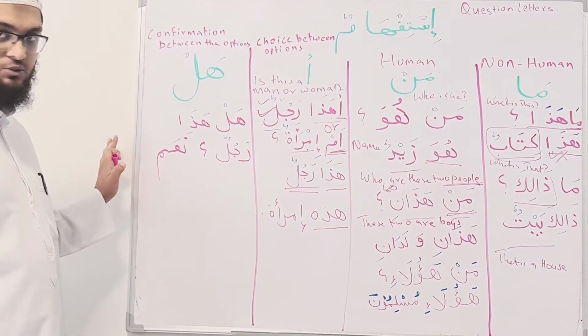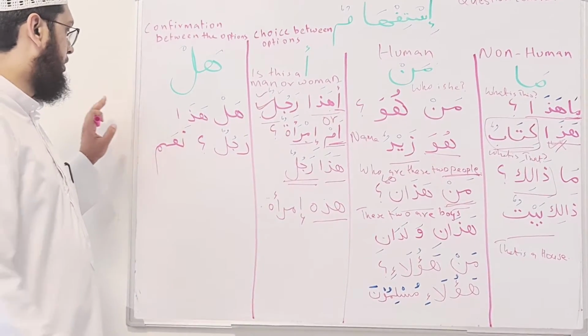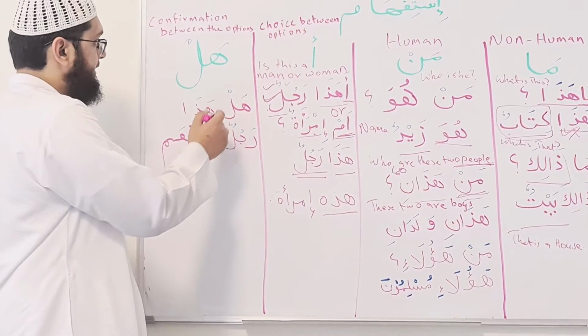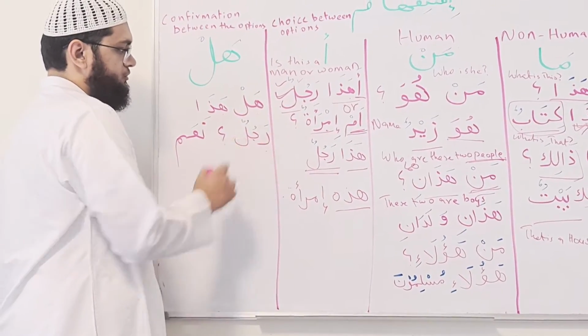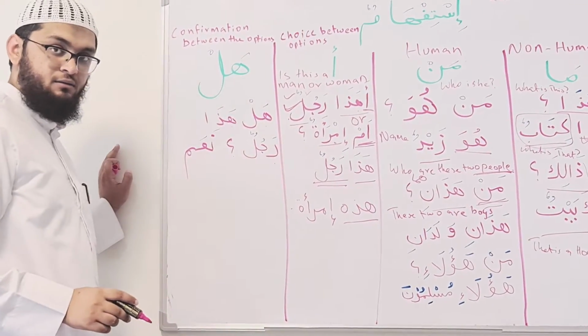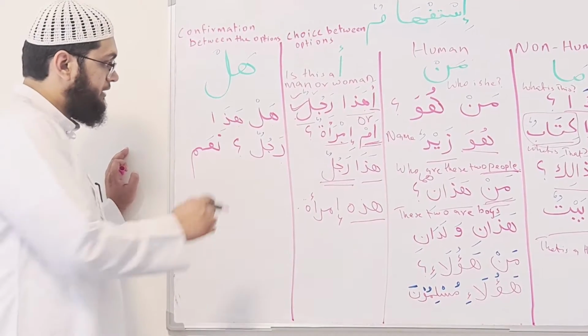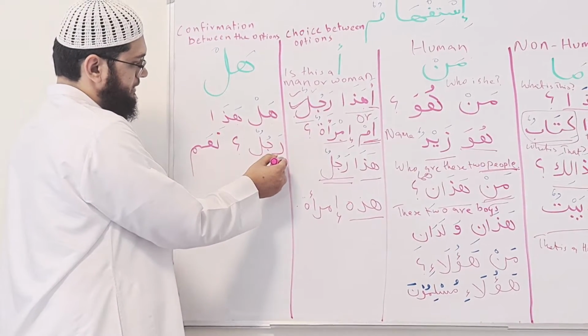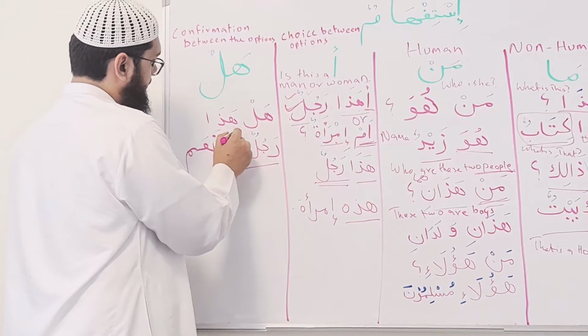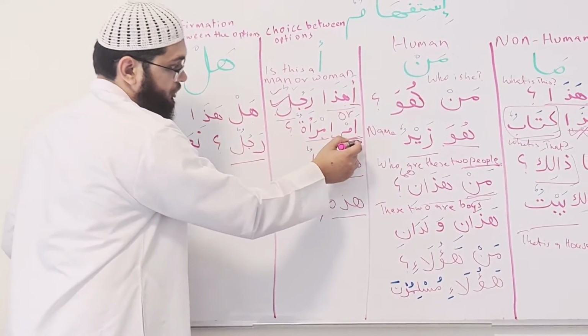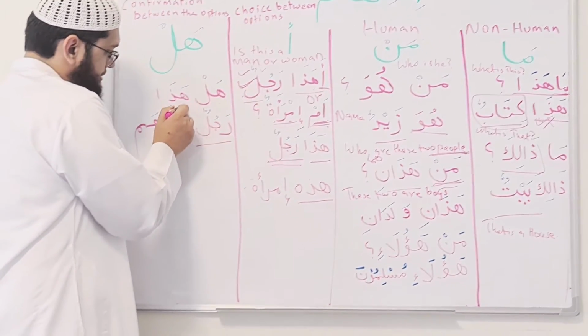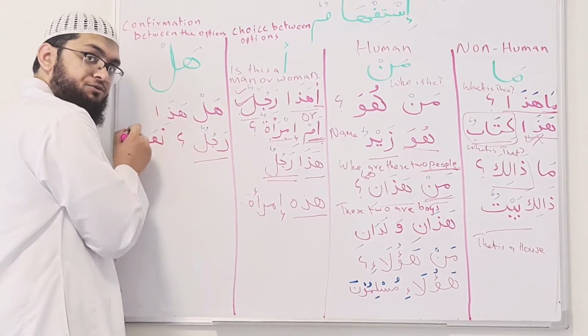Coming to hal, the easiest one. I have the picture of something. Let's say here the example is هل هذا رجل? Is this a man? Now see the difference here. I'm not mentioning an extra option like or a woman. I'm not giving any option to him.